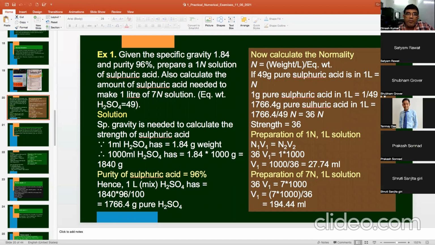If you take 1 cubic centimeter of sulfuric acid, its weight is 1.84 gram. If you take 1,000 cubic centimeter, that is 1 liter, 1 liter will have 1840 gram of sulfuric acid.